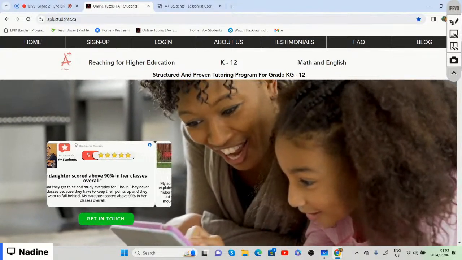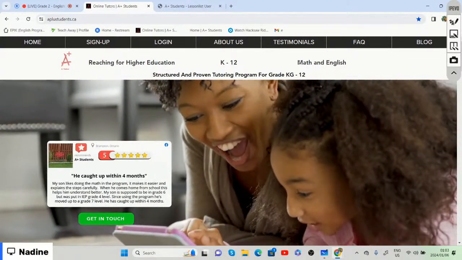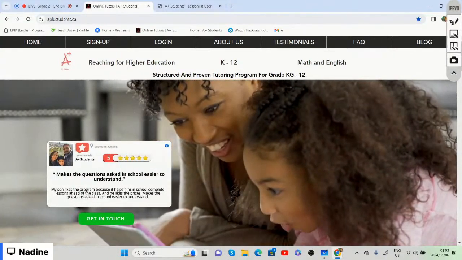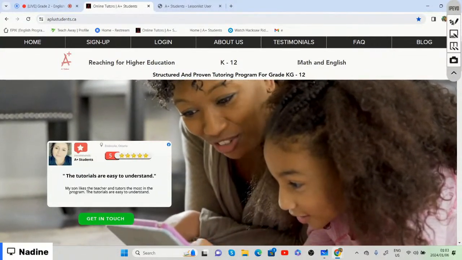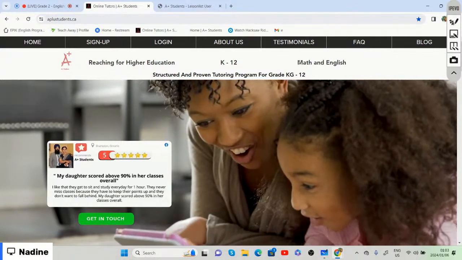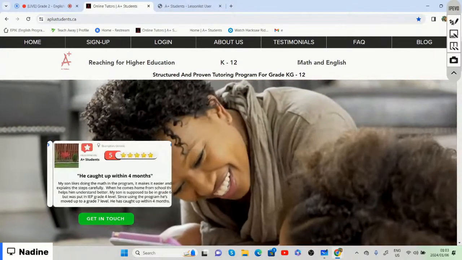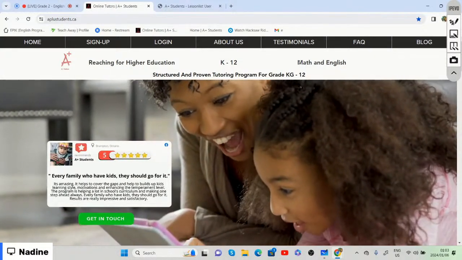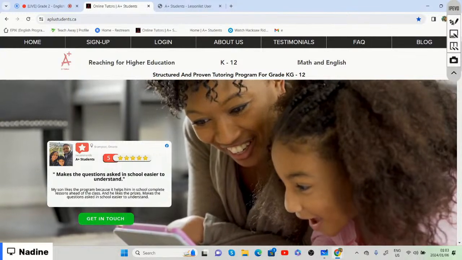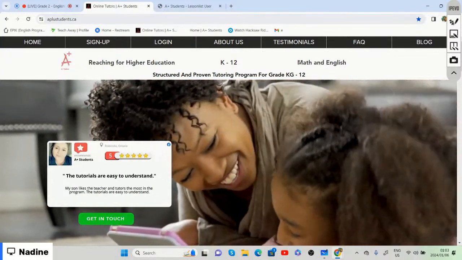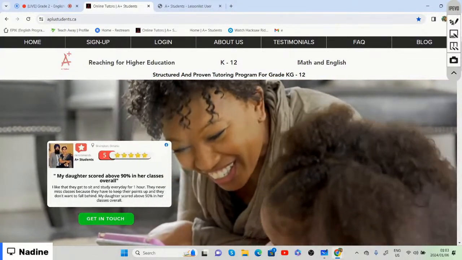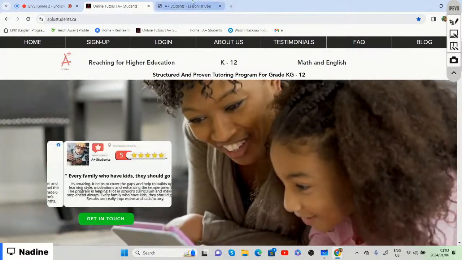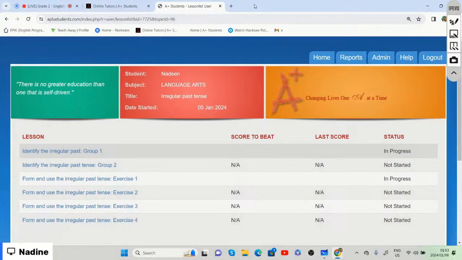Once we've logged on, we're going to select the subject of language arts, then Grade 2. And once you've selected grade 2, we're going to scroll down until we get to the chapter of irregular past tense.